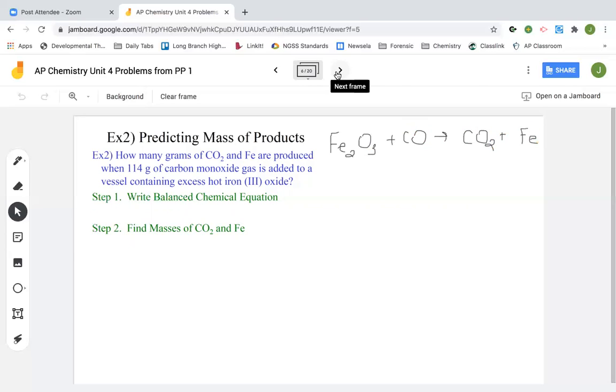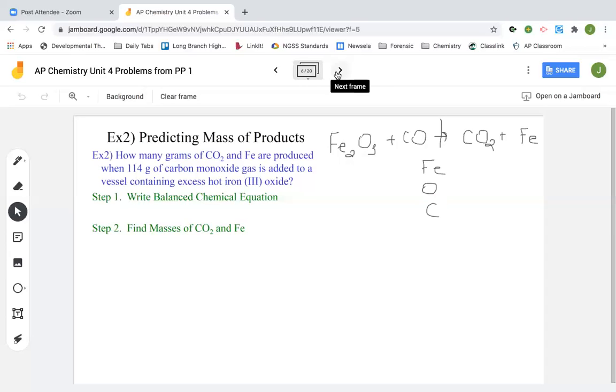So this is our chemical equation, but now we have to balance it. So again, we split it down the middle. We write all of the elements we have on the left side, iron, oxygen and carbon. And then we count how many atoms of each element we have on the left and how many atoms of each element we have on the right.